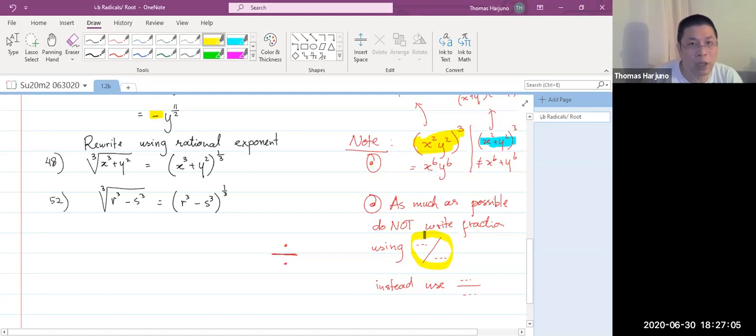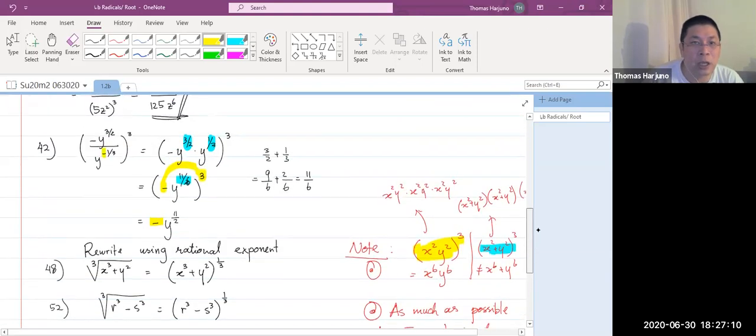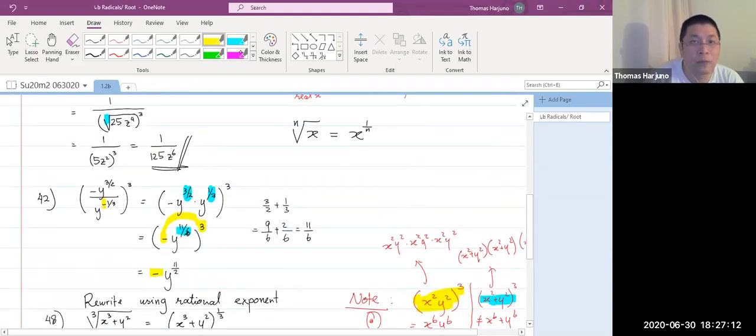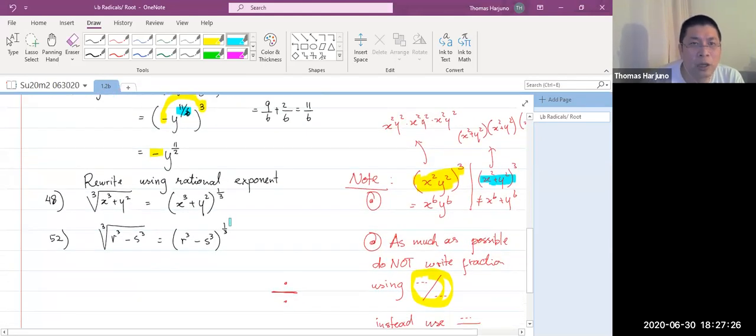Sometimes you have multiple exponents, then it's better to use this. Let's say the one I did here. See, I have this exponent to some exponent, right? Because I have a nested exponent, then you may use that. But if you just have a single exponent like this, avoid using that slash here.